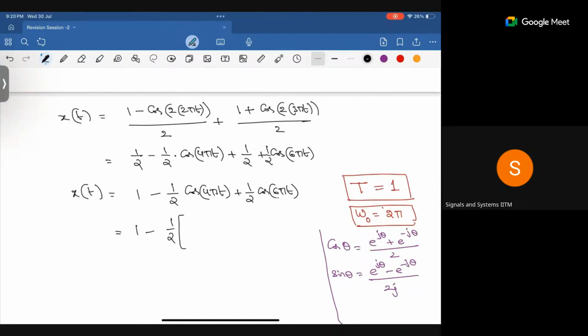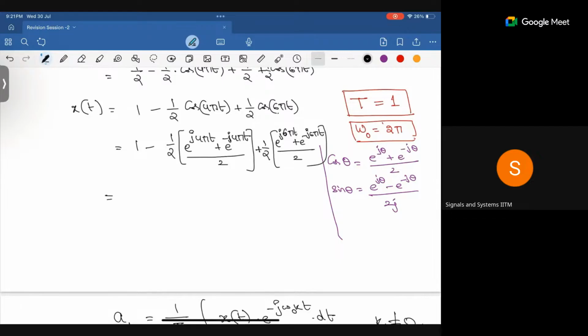So cos 4 pi t, 4 pi t is our theta now. We'll write this as (e^(j 4 pi t) + e^(-j 4 pi t)) / 2. That is cos 4 pi t for us. Plus half cos 6 pi t now becomes (e^(j 6 pi t) + e^(-j 6 pi t)) / 2.